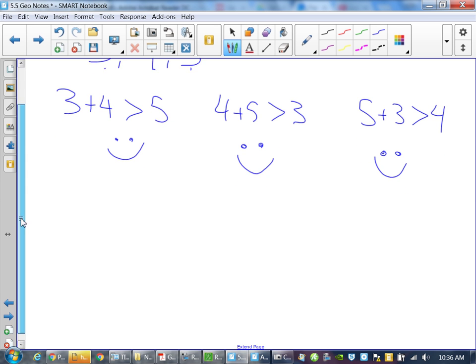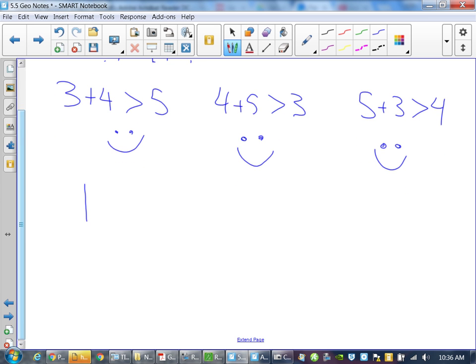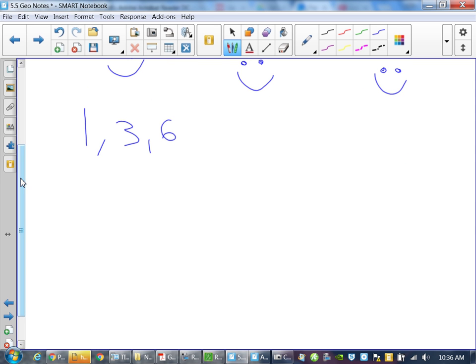Watch what happens if it doesn't. 1, 3, and 6. When I start this out, 1 plus 3, is that bigger than 6? Is 3 plus 6 bigger than 1?